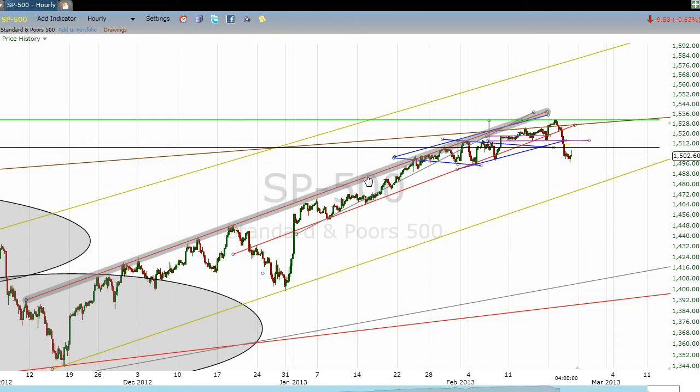Now, I'll be the first to tell you that this resistance line is not perfect, but remember, in a bullish trend or an upward ascending channel, it is not that unusual for the top line to run ragged.